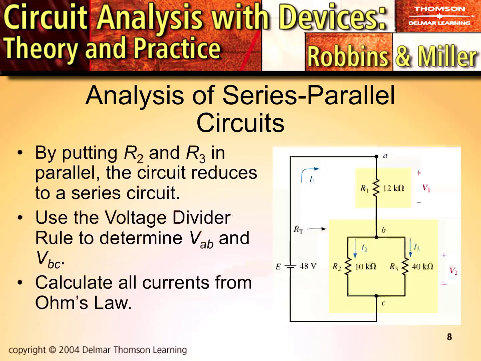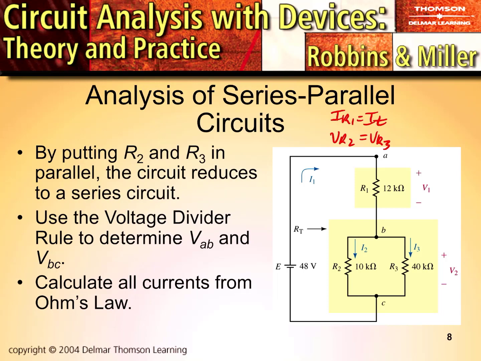So we have a series parallel circuit here. We can certainly draw some truths here, and one of them being that IR1 equals I total. We can say that VR2 equals VR3 because of that parallel connection.